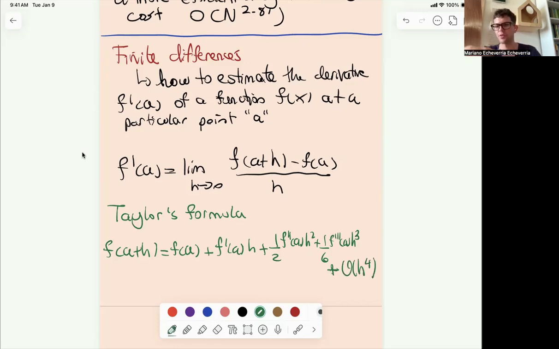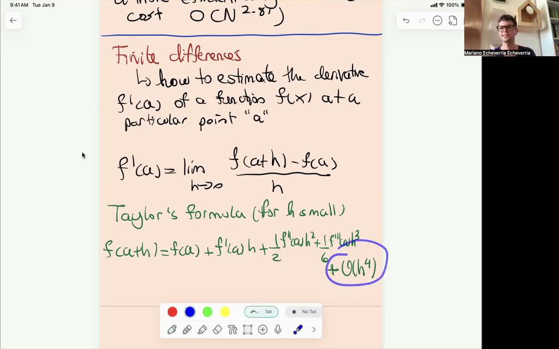And by that I just mean that again, because here we want to think of h being small. So here, for h small, that just means the next term that matters, the dominant term of all the junk that's left, is dominated by h to the 4.